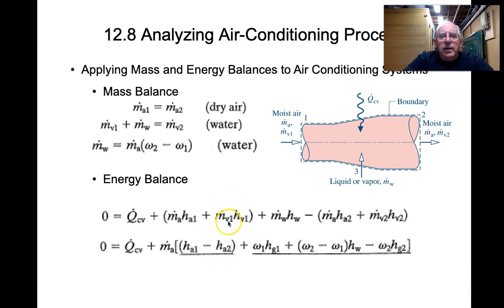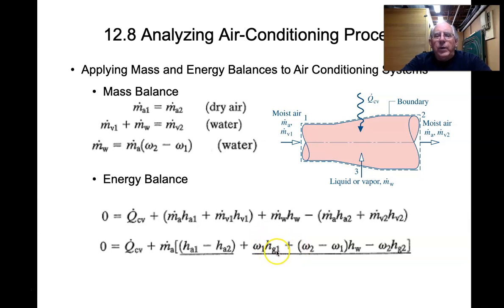Then, instead of having this term here and this term here, we substitute like we did before: omega times m dot air. And so we put in an omega times m dot air here, and that gives us this term plus this term right here. Let's see, no, I misspoke here. That gives us this term right here.